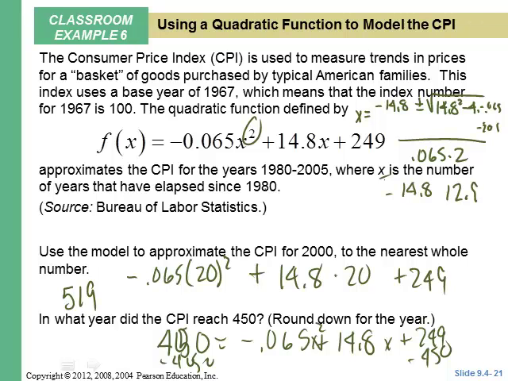I made a mistake there. Let's see. Minus 4 times, clear. 14.8 squared minus 4 times 0.065 times 201.